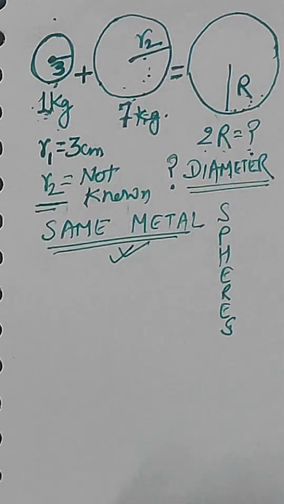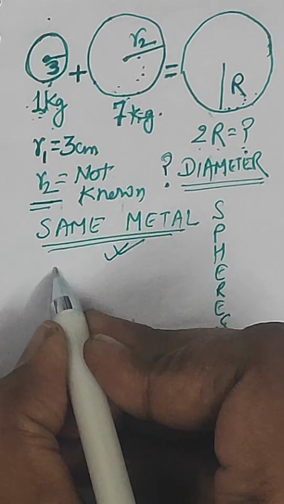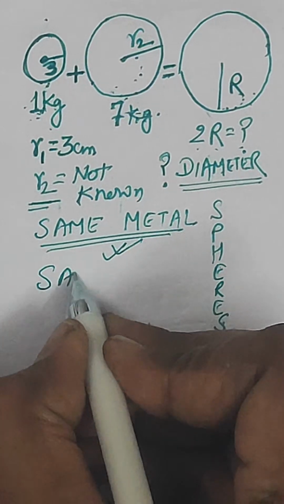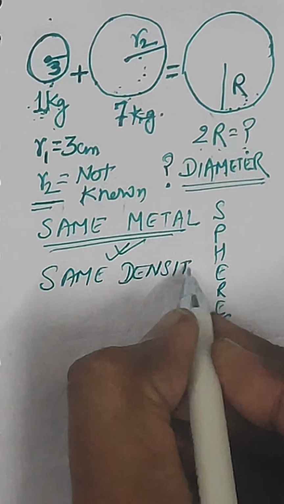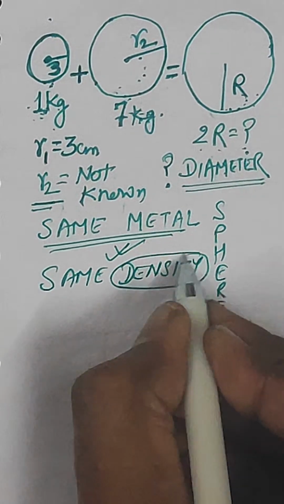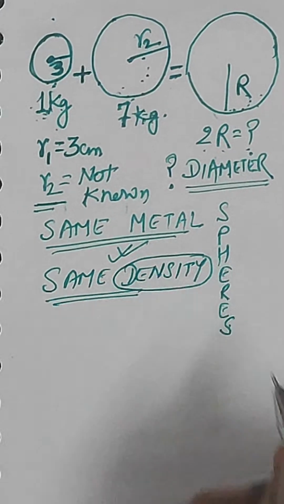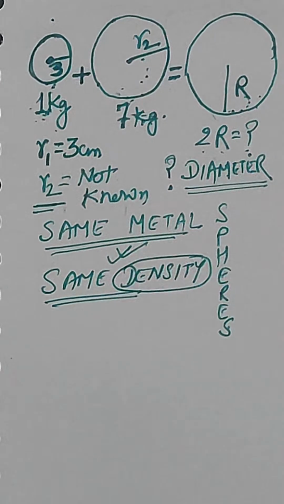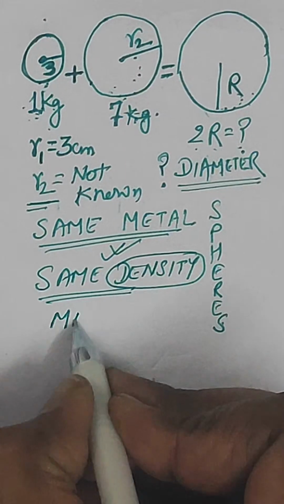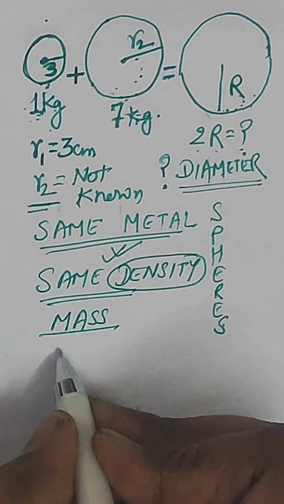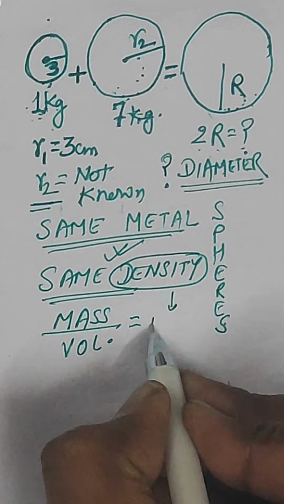If these two spheres are made of the same metal, then definitely they must have the same density, isn't it? If they have the same density, then this is the data which we can correlate. We know the relation: mass per unit volume is nothing but the density.